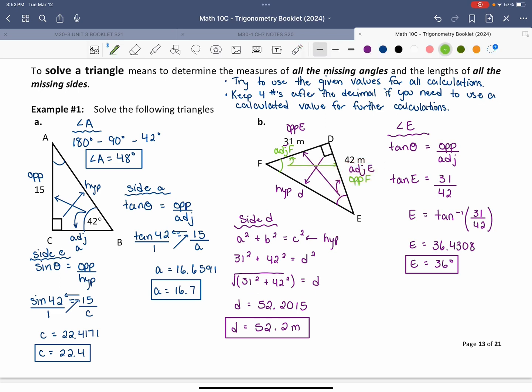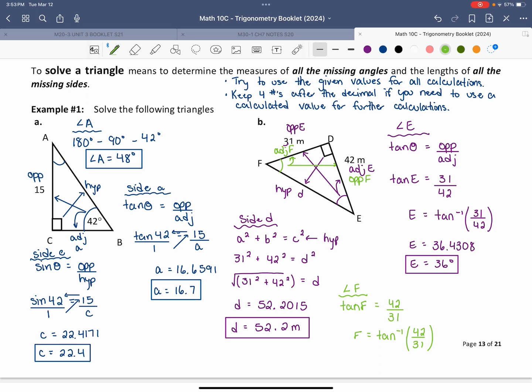So essentially, we're going to be doing the same thing that we did to calculate angle E, but our fraction is going to flip upside down because our opposite and adjacent have just swapped. So for angle F, we have tan F equals 42 over 31. So our opposite is 42, our adjacent is 31 for angle F. Then we take tan inverse of both sides to get F equals tan inverse of 42 over 31.